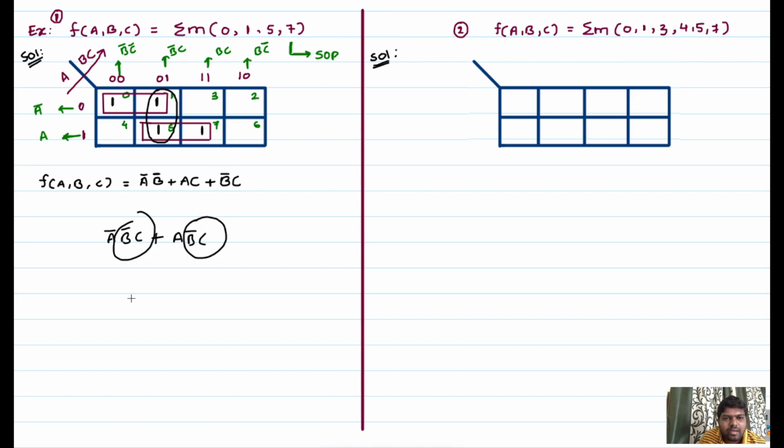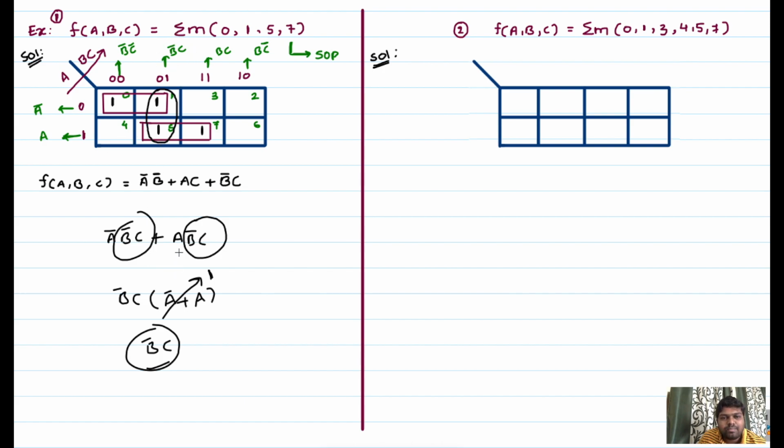If I take b bar c as a common factor, what you will get is a bar plus a. According to our Boolean theorem, this will become 1, so we will get b bar c only, right? So that's why, if this case is observed anywhere in the K-map, in that situation you can directly take this product term as the resultant one. Why? Because for this row and for this row, the common element is b bar c.